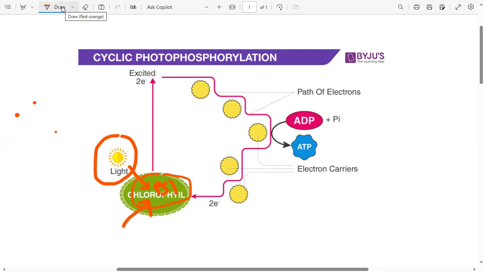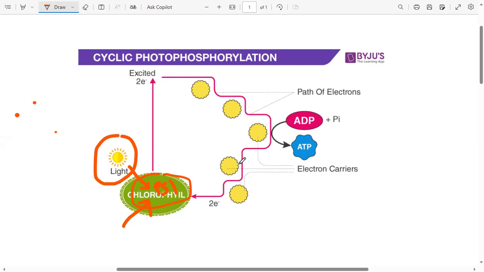Once they are excited, they go on to pass through what we call the electron transport chain. The electron transport chain consists of electron carriers and a path through which these electrons can pass. I've drawn this path in, I don't know if this is red or pink.